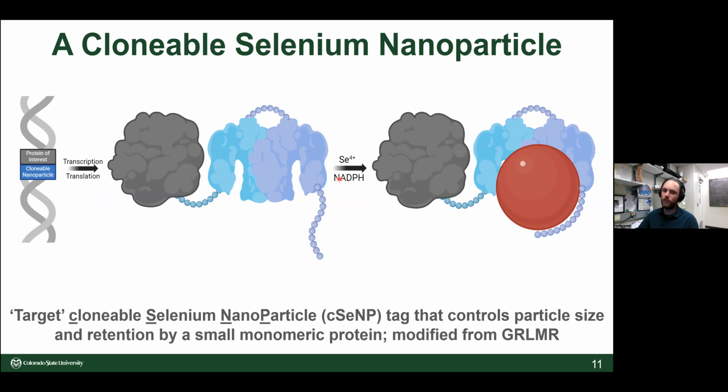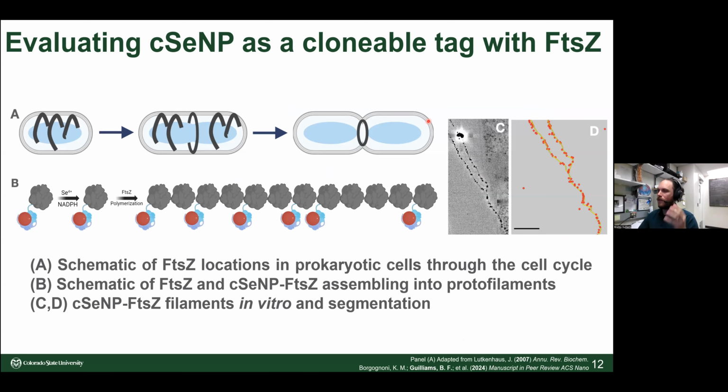We don't have to add this to cells, but this reaction happens outside of cells as well. We end up with this: clonable selenium nanoparticle retained at the clonable selenium nanoparticle enzyme, attached and proximal to a protein of interest.